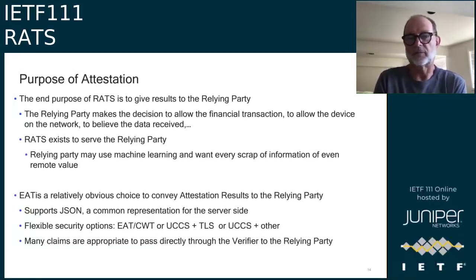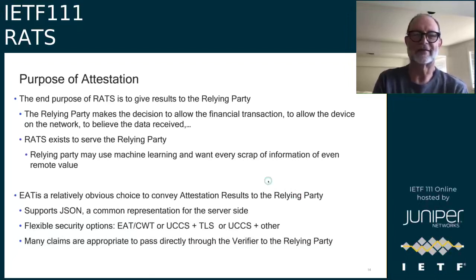And then getting on to more of the interesting part of this discussion is that I see a lot of the claims as appropriate to pass directly through the verifier to the relying party. And when I first came up with the idea for EAT, there was no separation between verifier and relying party. So I was thinking of all of them that way. But then many interesting discussions later, we have an architecture and lots of interesting things going on.